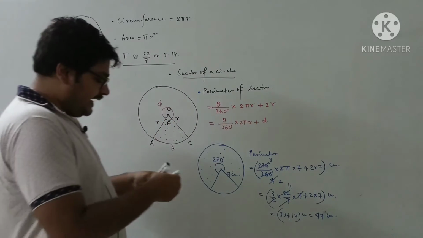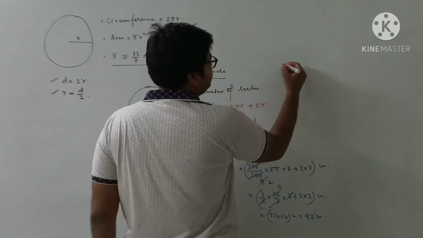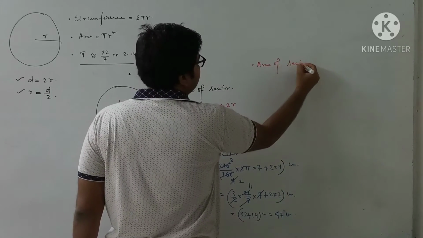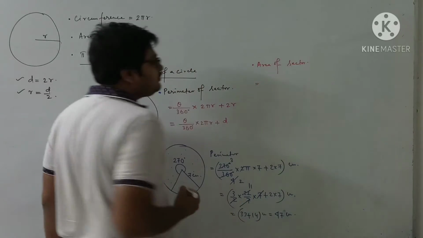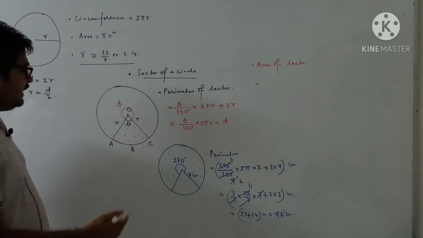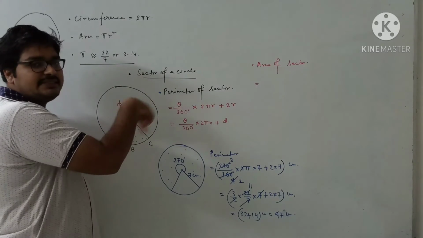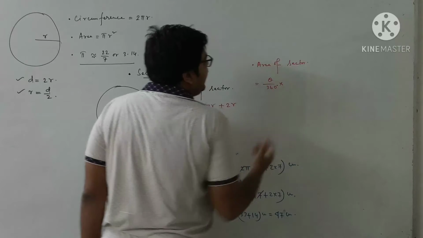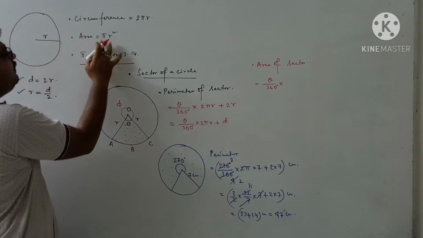Now we find the area of a sector. Easy, same way we'll go. This angle is how much part of the central angle? Theta by 360 degree. And what is the complete area formula? Pi r square.